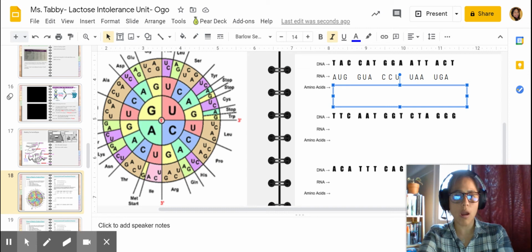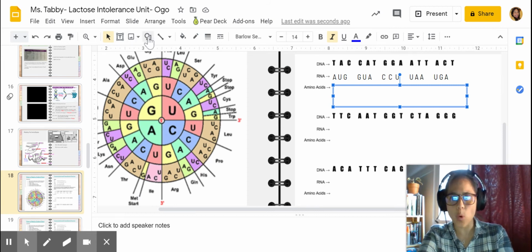Our first codon that we are going to translate now, because we're going from RNA to amino acids, is AUG. Because we're starting with A, I look for A and move to find U, and then from U, I go to G. And if you notice, G has something called met start.